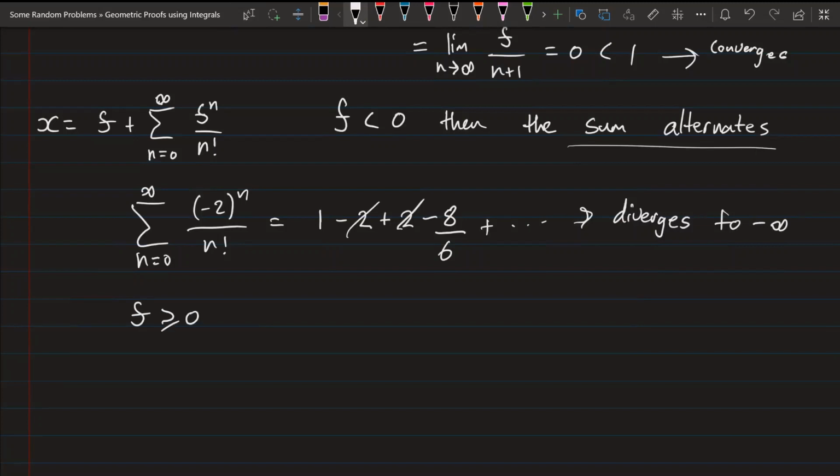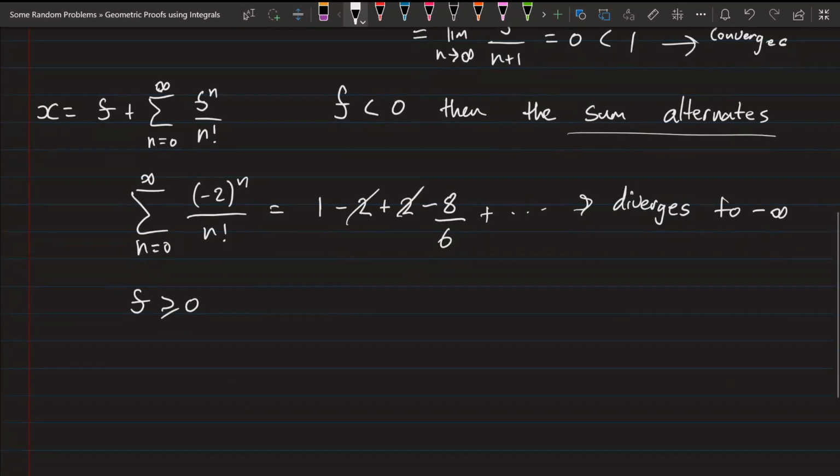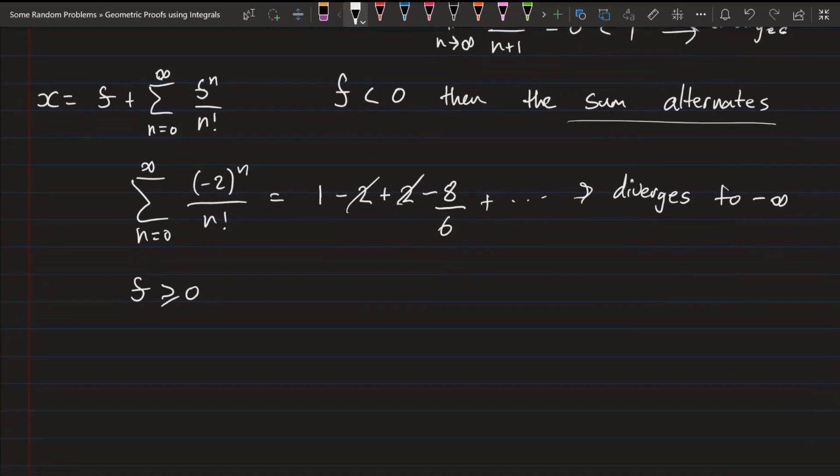I can tell you now that this is going to absolutely converge by our test before. In fact, we can say because the sum part converges, this entire thing converges.